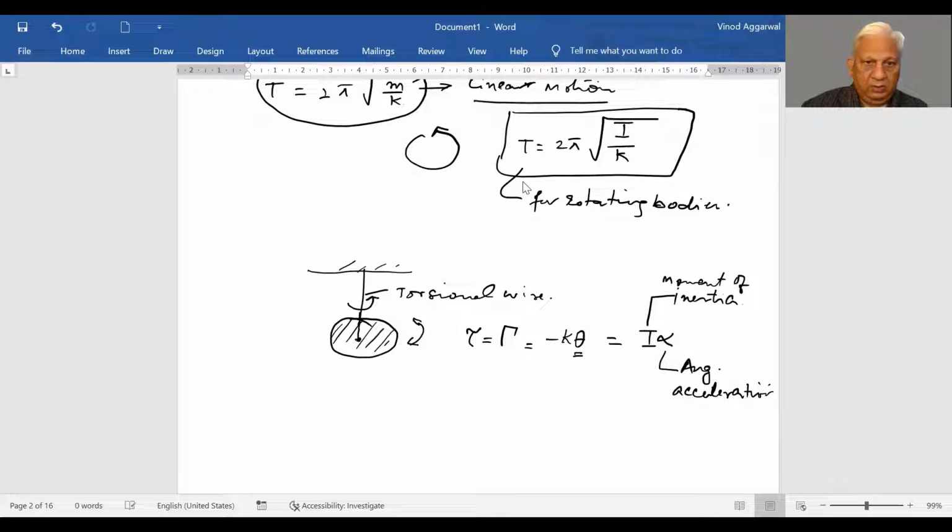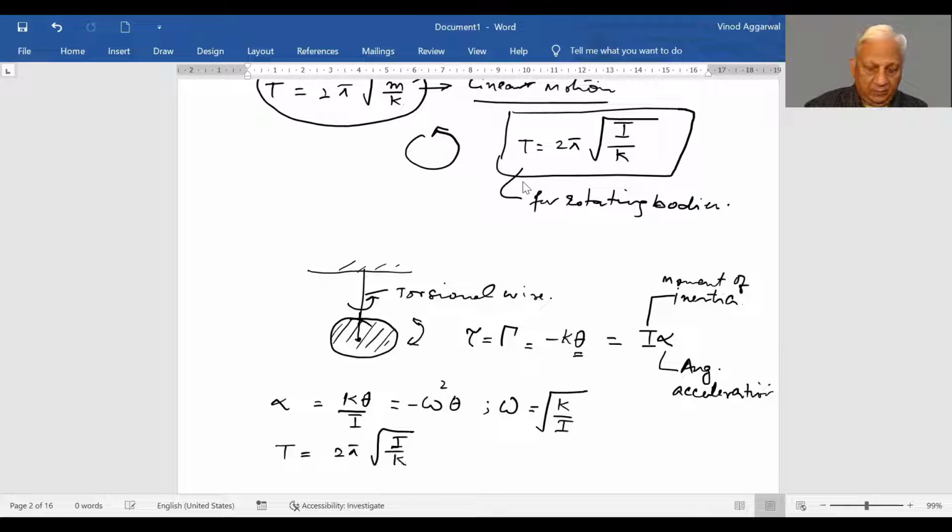Okay, so alpha becomes k theta by I, which is equal to minus omega square theta, and omega becomes root of k by I, or T becomes 2 pi root of I by k.